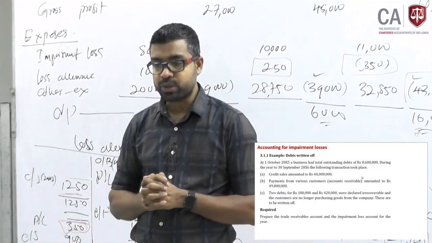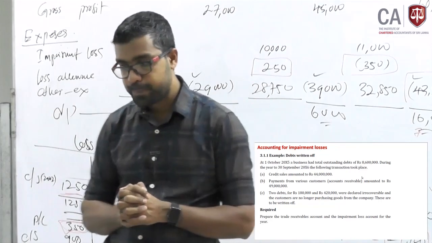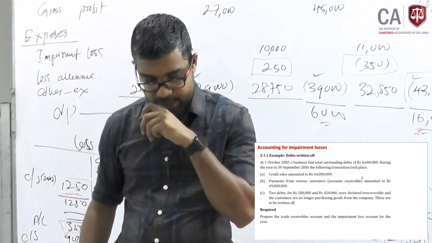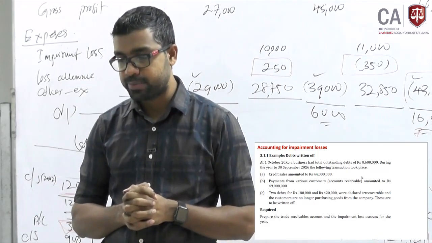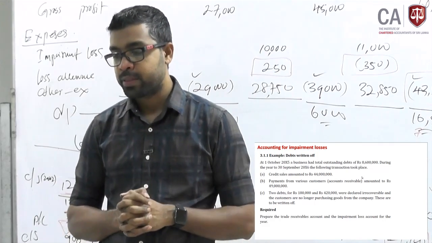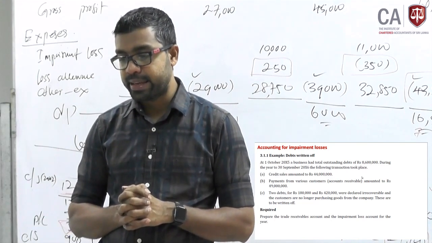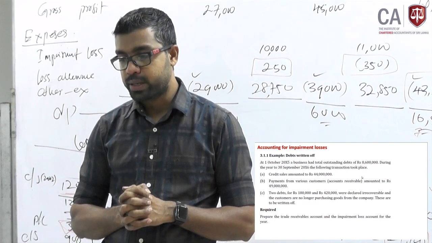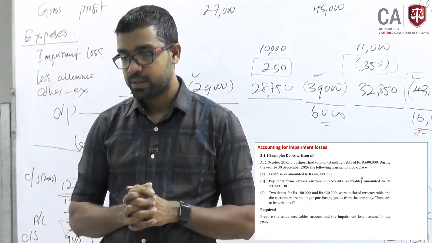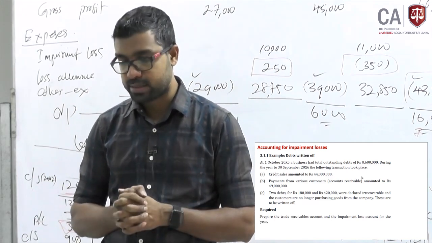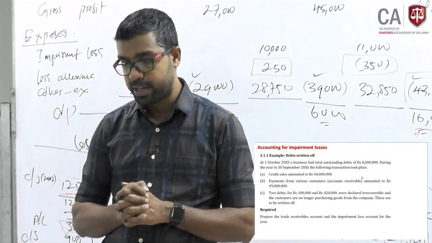At 1st October 2015, the business had total outstanding debtors of 8.6 million. During the year ended 30th September 2016, the following transactions took place. Credit sales amounted to 44 million. Payments from various customers were 49 million.